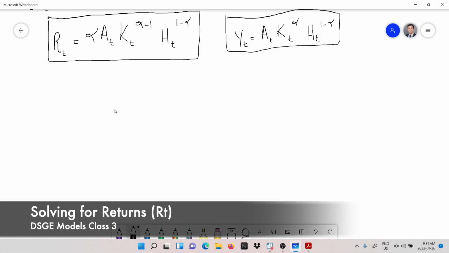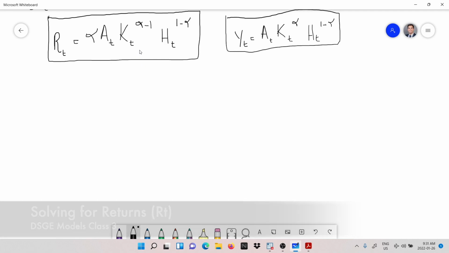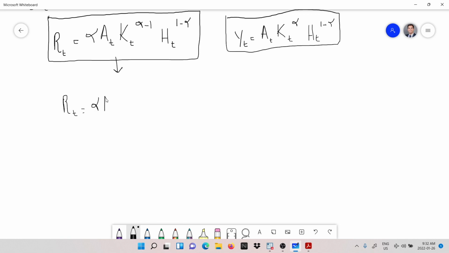Let me show you now a last step that we can do to clean a bit more the numbers. So then it's going to be easier when we have to write all the equations in the software. So from the first conclusion that we had derived, the returns is going to be equal to this. What we can do in here is KT^alpha times KT^(minus 1).